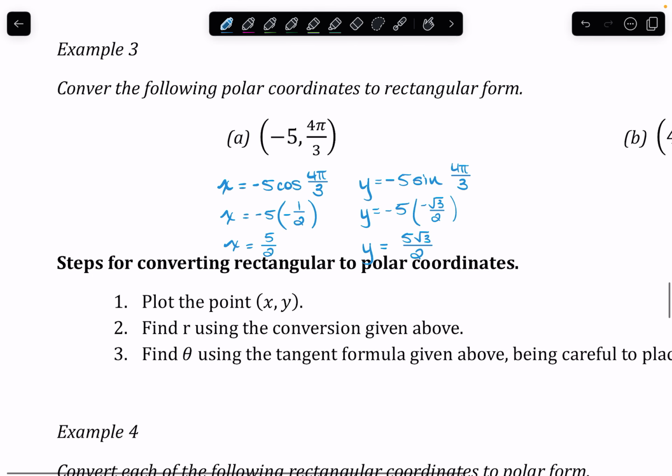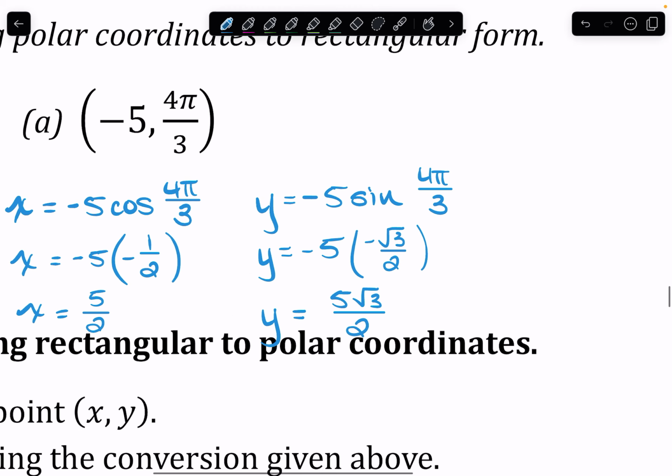So our coordinates are written as x comma y. So the equivalent point, I'm just going to put a little arrow to show that this is my answer, converted back to rectangular would be 5/2 comma 5 square root of 3/2. So there's our equivalent.